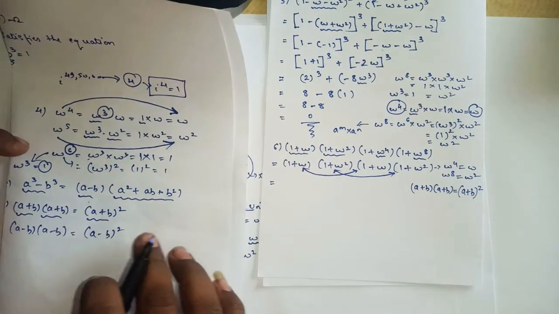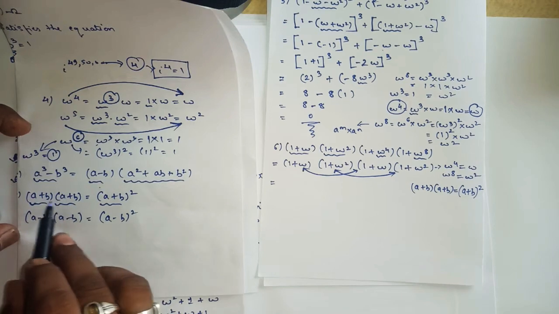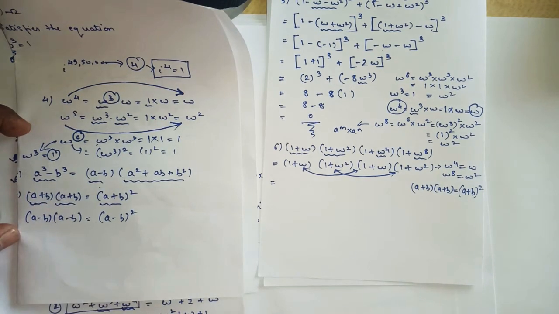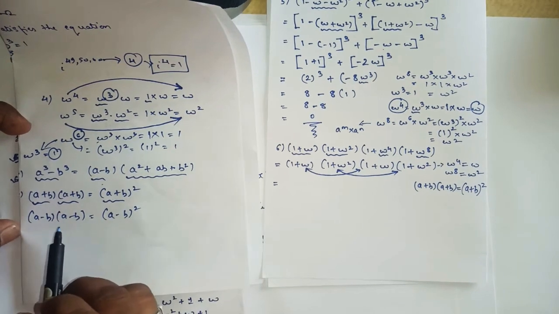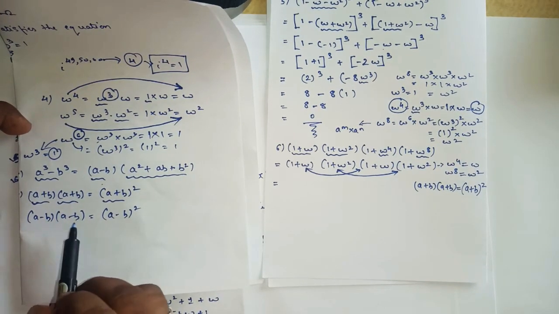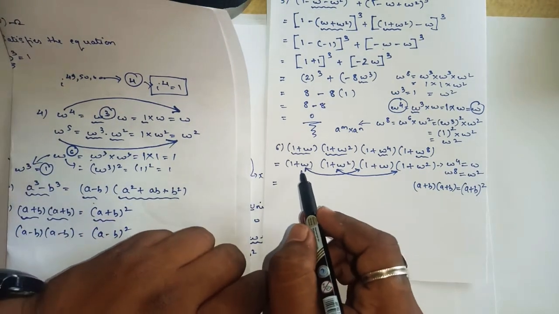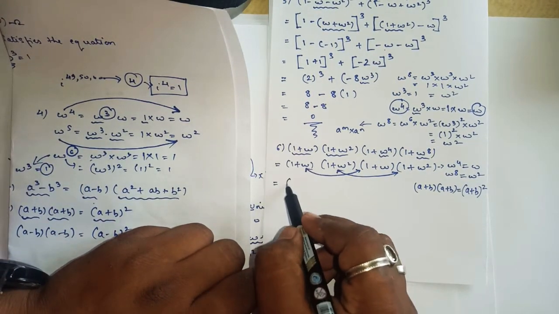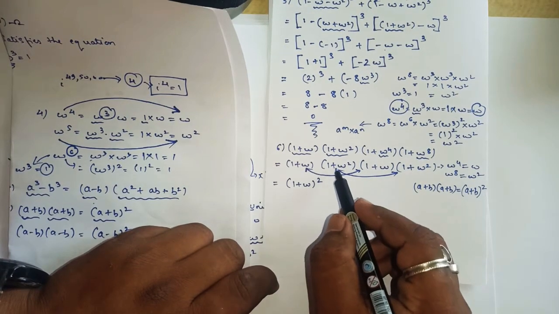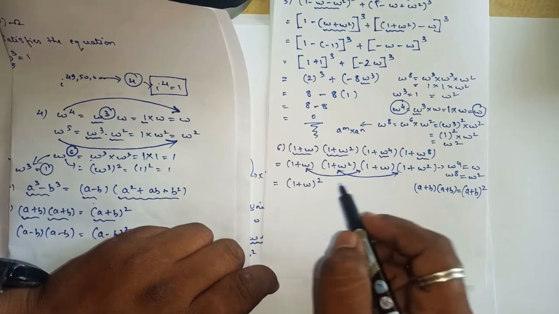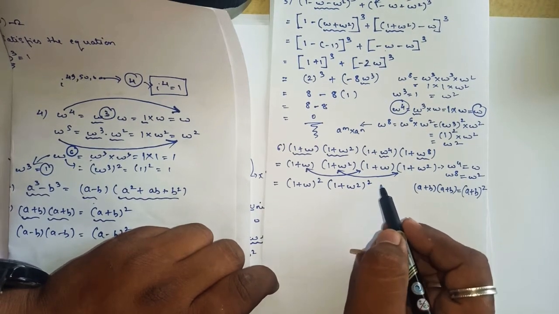As I had explained here also, whenever you come across a plus b in this format, straight away we can write it as a plus b the whole square. Similarly, if you come across a minus b, you can write it as a minus b the whole square. So here 1 plus w we can write as 1 plus w the whole square, and 1 plus w and 1 plus w here we can write as 1 plus w square the whole square.